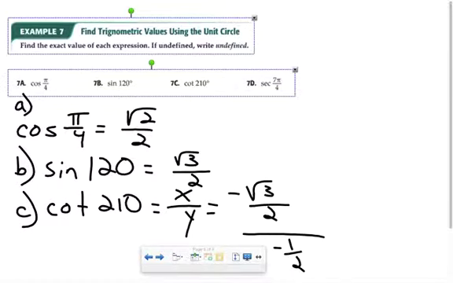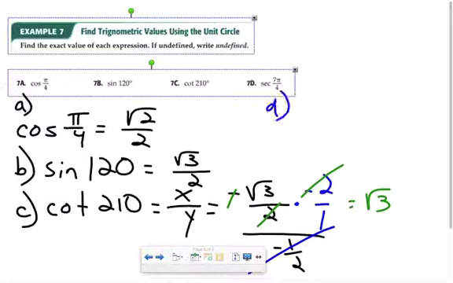So instead of dividing this by negative 1/2, I'm going to multiply by negative 2 over 1. My negatives cancel out and my 2's cancel out, and that's just radical 3.